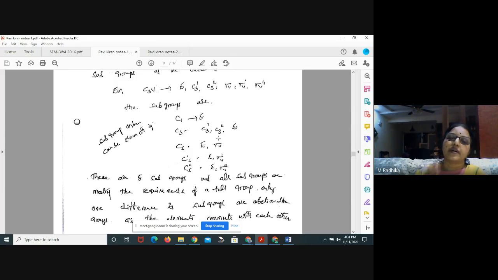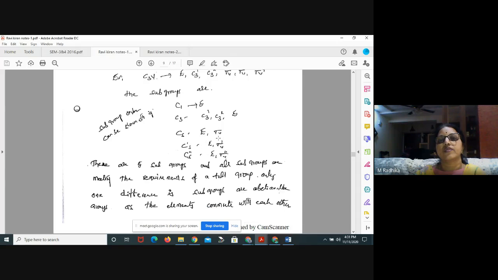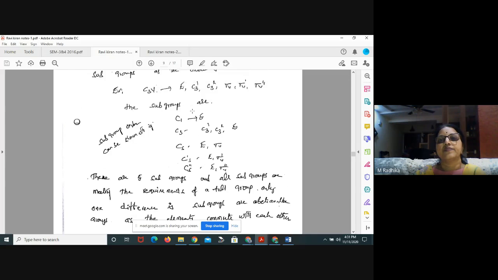We mark them as sigma V, sigma V prime, and sigma V double prime. Now look at these subgroups. If I take C1, it will be identity. This is your trivial subgroup. Then the other subgroup is C31, C32 and E.